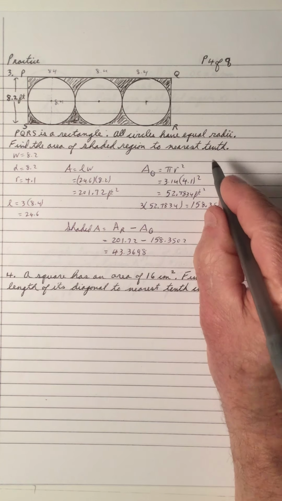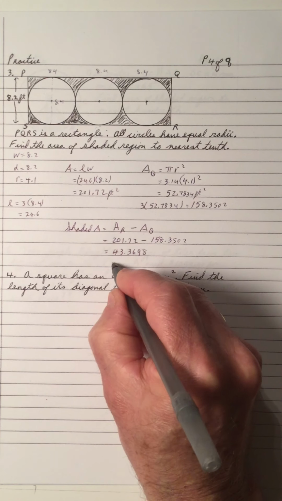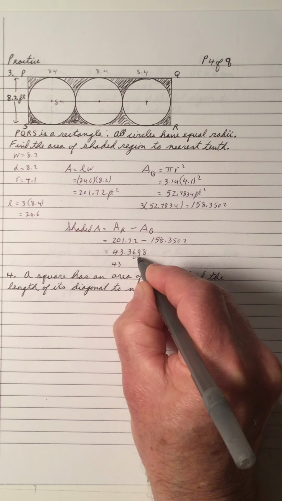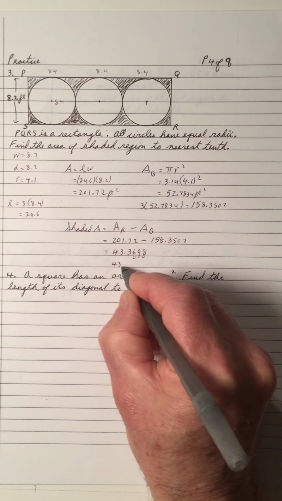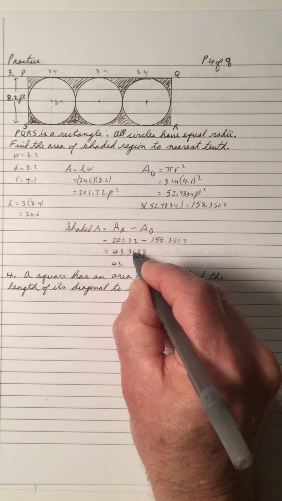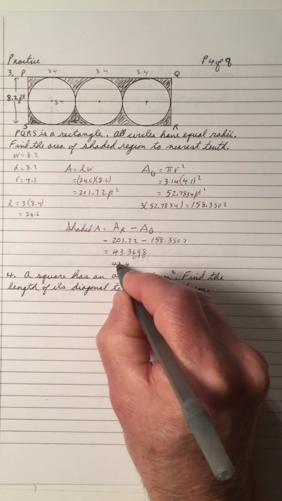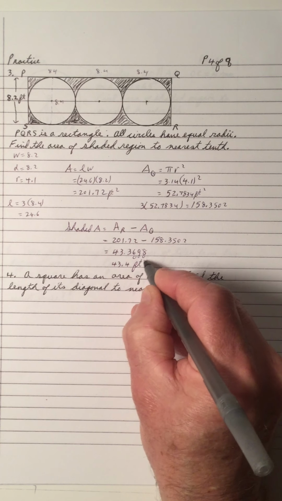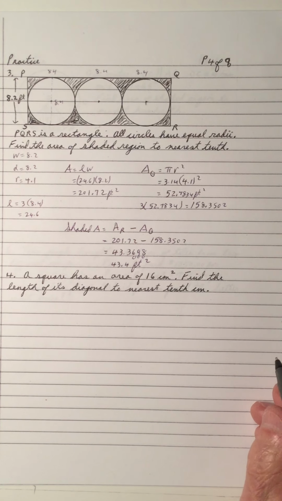And we're told to round to the nearest tenth, so the 3 in the tenths place is right here. All these digits after it become 0, and because that's greater than 5, we add 1 to 3. So the answer is 43.4, and it's in feet. So the final answer is 43.4 square feet.